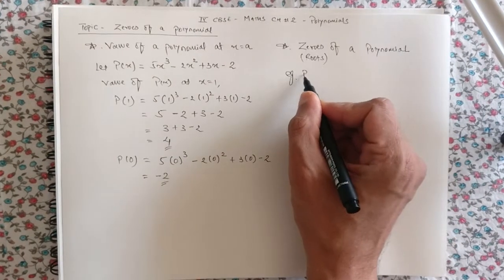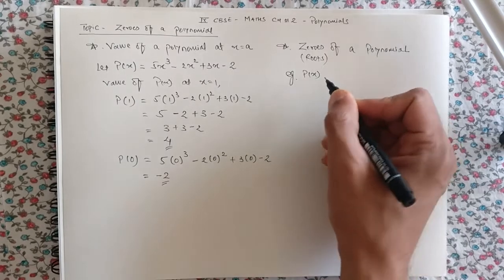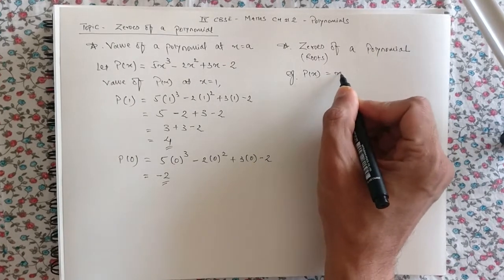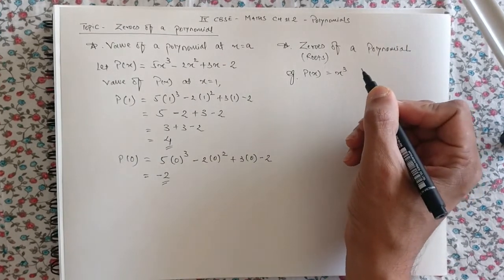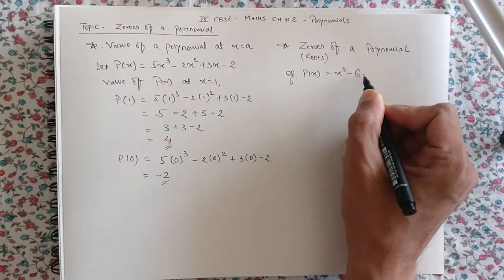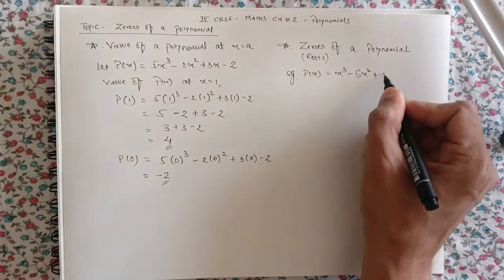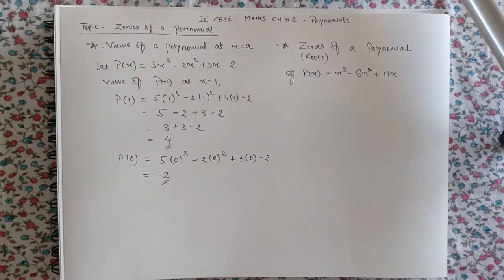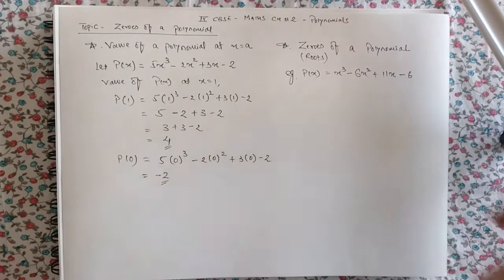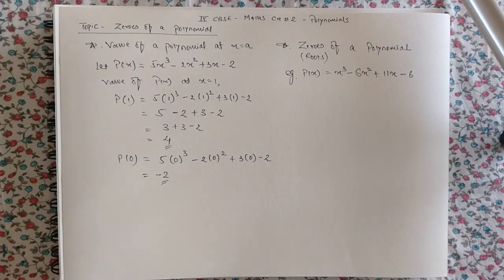Suppose our polynomial p of x is x cube minus 6x square plus 11x minus 6. X cube minus 6x square plus 11x minus 6. This is our polynomial.